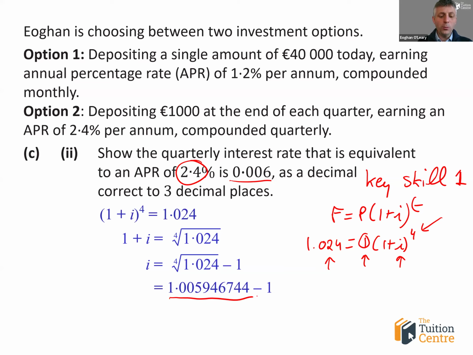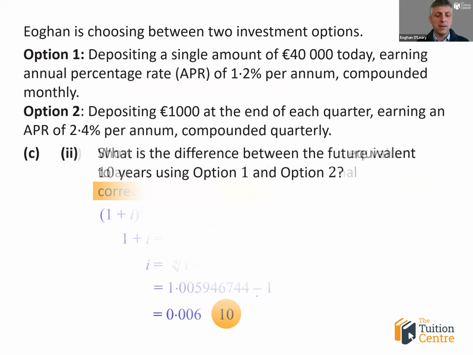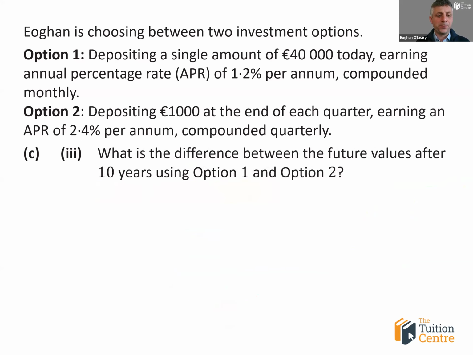Let me try it again. 1.0059467444. Take away 1 and correct to 3 decimal places, as a decimal, it is 0.006. And again, there's 10 marks for that, 20% of this question. And that's a skill that you must have practiced hundreds of times if you're ready for financial maths, because it comes up all the time.